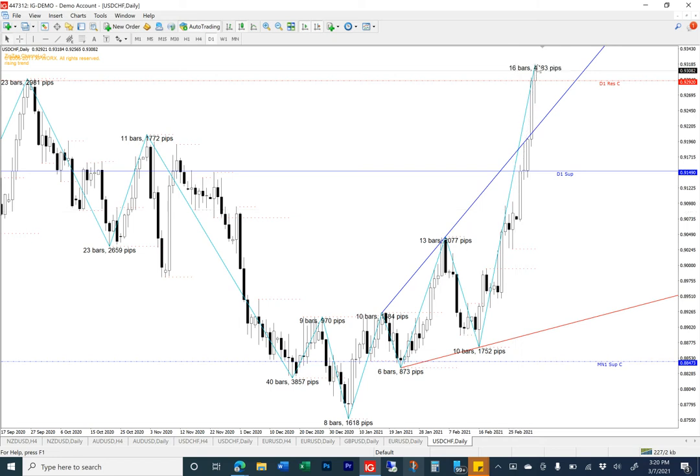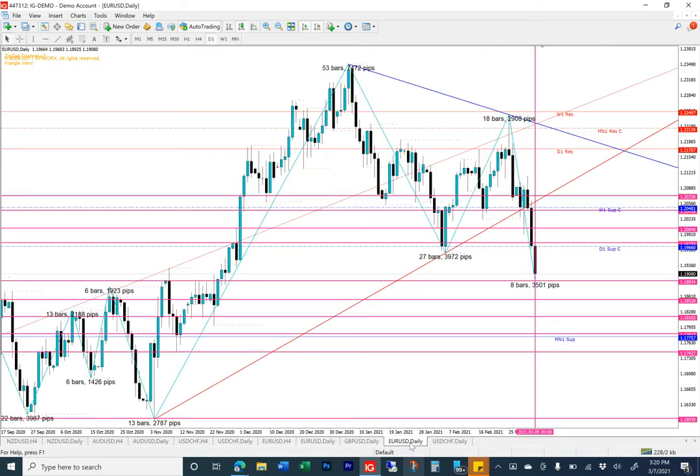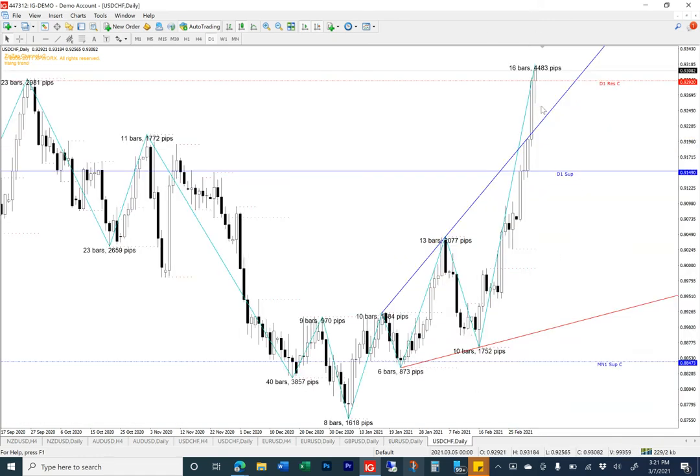Okay, so at this point, again, we can absolutely expect some correction. Sorry. And it may not happen, okay? But if you're already in this trade, make sure you are protecting your profit. Don't ever not do that.